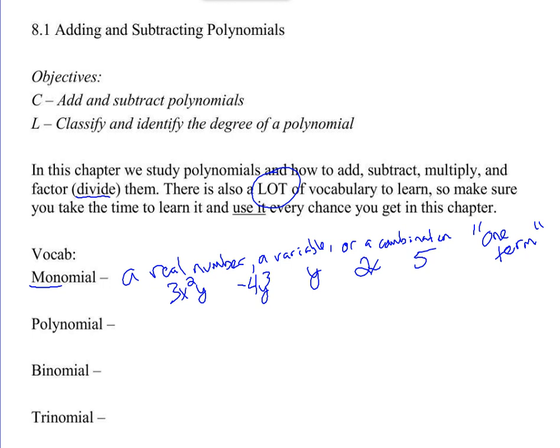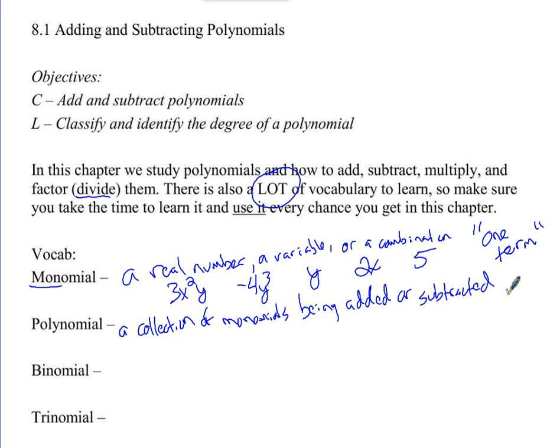So what I'm going to write here is a collection of monomials being added or subtracted. So now if I have a bunch of monomials and I put them together, but I keep them separated by either addition or subtraction, what I've done is created a polynomial.